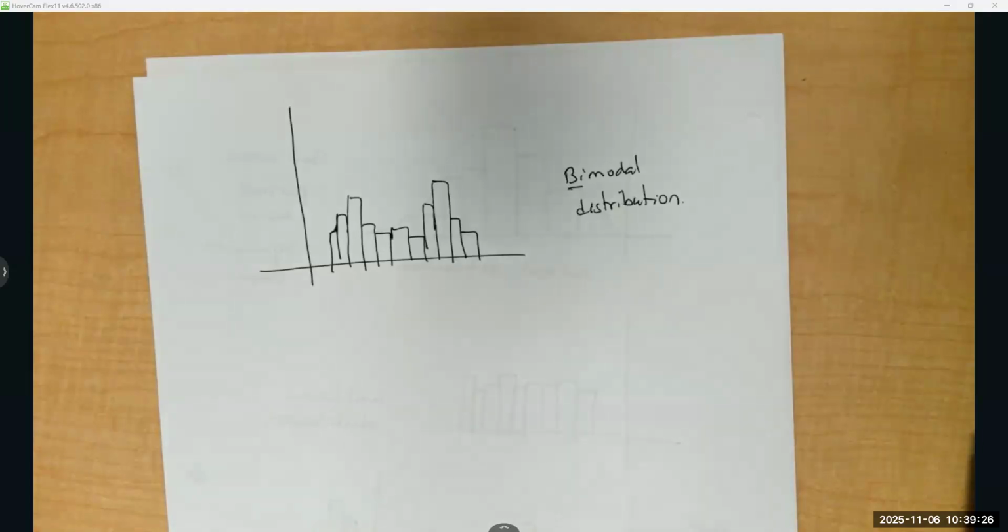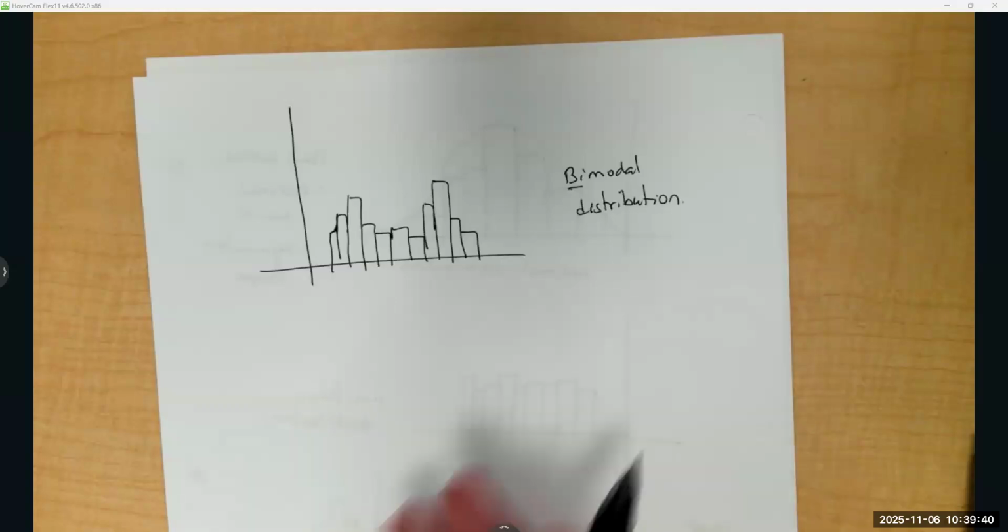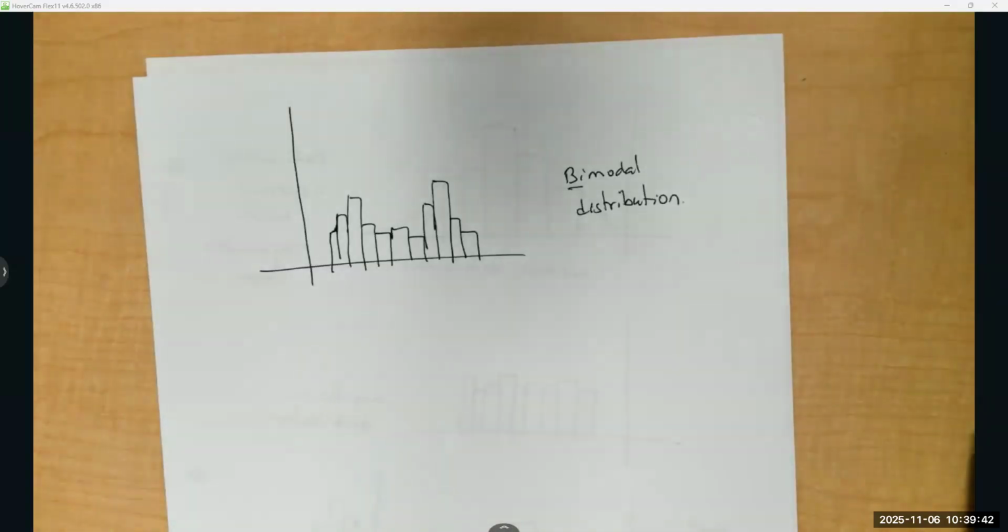If you have enough data sets, you can have trimodal. But there comes a point where you have so many modes that there's no predominant mode. So then you say it's a non-modal distribution. But typically we say either it's unimodal or a bimodal distribution.